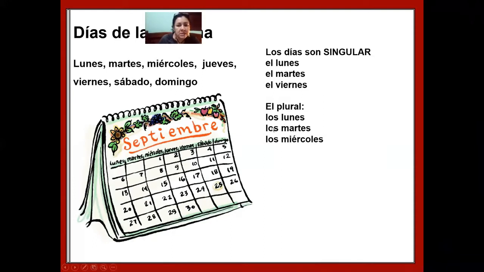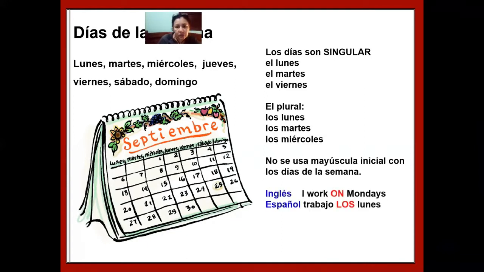So los lunes, los martes, los miércoles. Now, with sábado and domingo, you would add the letter S. So los sábados and los domingos. Got it? Muy bien. So no se usa mayúscula inicial para los días de las semanas. I already mentioned that to you.